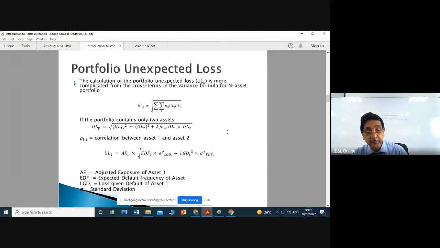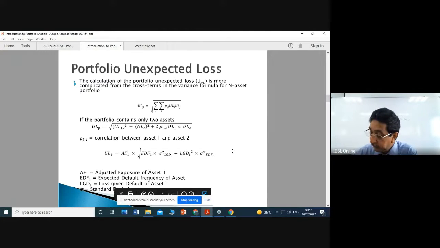The formula I have given, and then I will give you the other one also. Now it is on the screen. UL1, how do you get UL1 calculated? AE1 into the square root of EDF1 into sigma squared LGD1 plus LGD1 squared into sigma squared EDF1. So that is the calculation of unexpected loss for the individual loan.